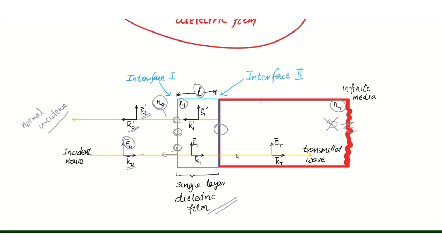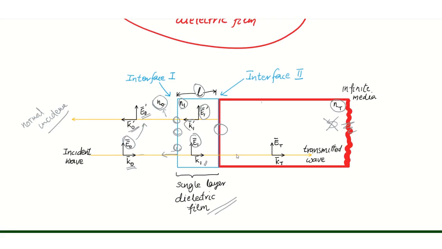Now, the total electric field in this medium is E0 plus E0 prime. We can take it that way because of normal incidence. Then it goes to the dielectric, where the K vector is K1, the electric field amplitude is E1, and the reflected amplitude is E1 prime.